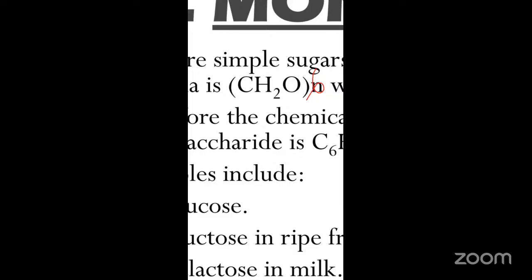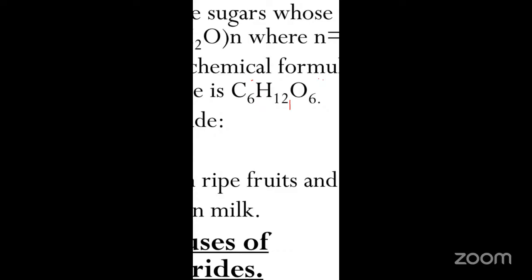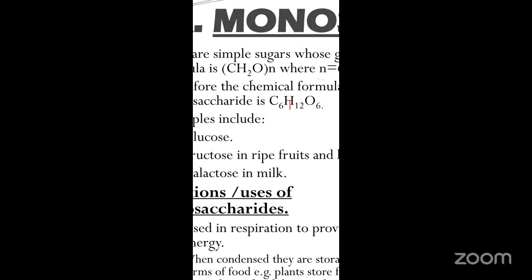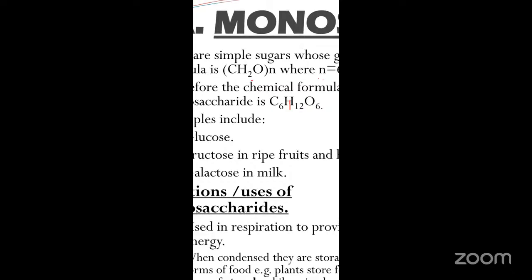It is 6 times 1 carbon, which is C6, then 6 times 2 hydrogens, which is H12, and then 6 times 1 oxygen, which is O6. So therefore, the complete formula for a monosaccharide is C6H12O6. Because we have said the formula for monosaccharides is (CH2O)n, where n is 6.